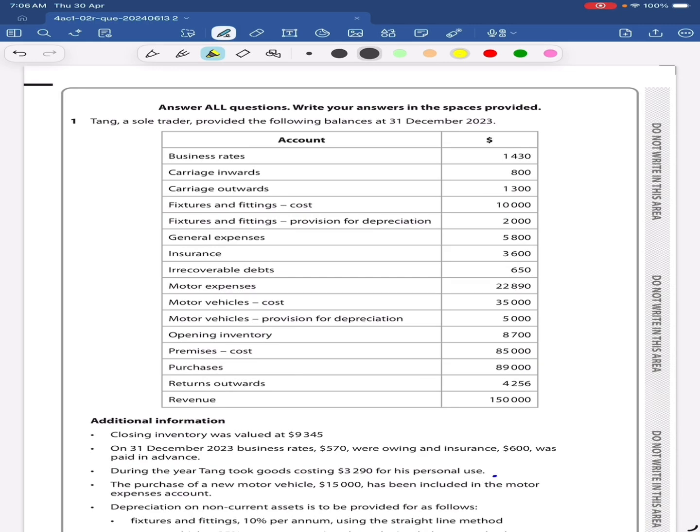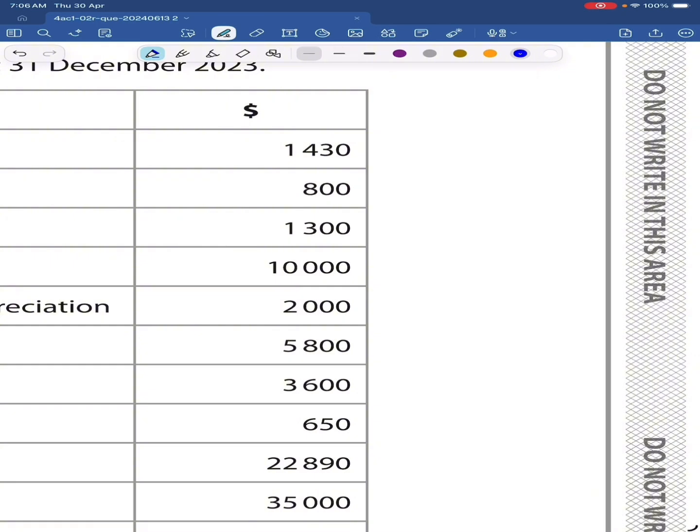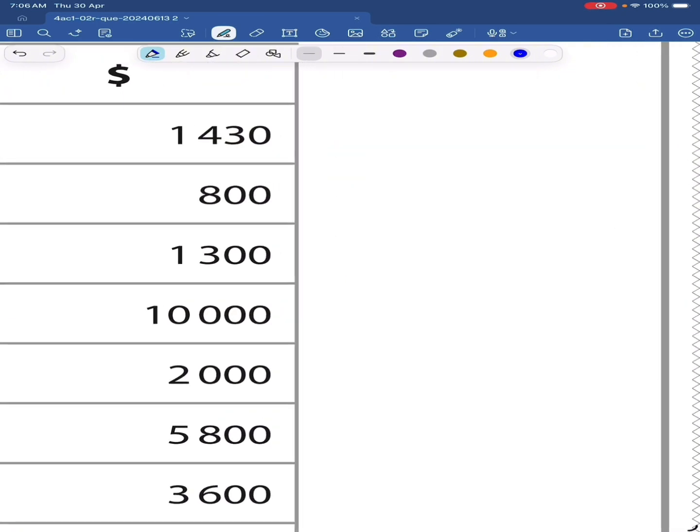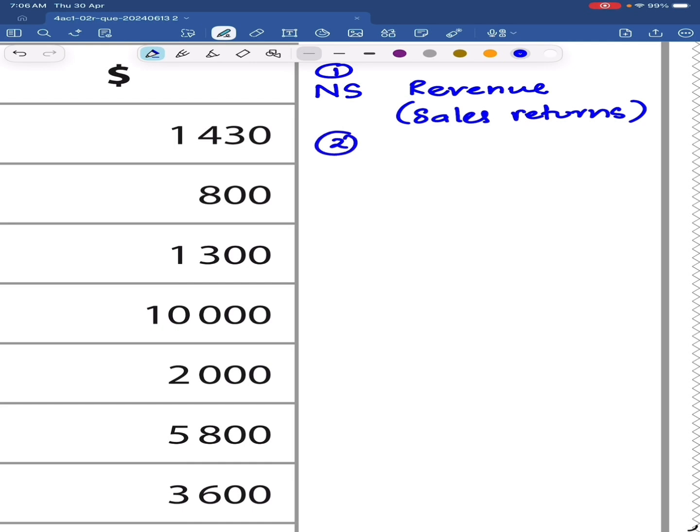Right. Now, you should first remember the important components of an income statement. So you start with net sales. So you have revenue, take away sales returns, or you call it return inwards. The second component, which you deduct, is cost of sales.